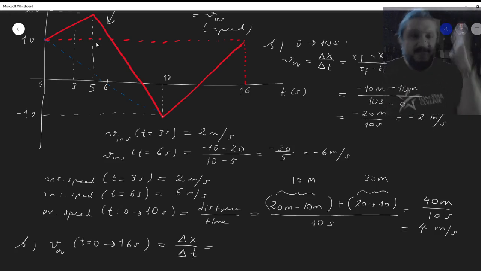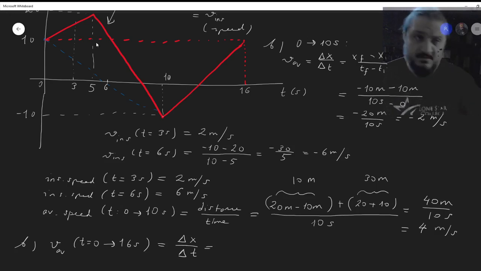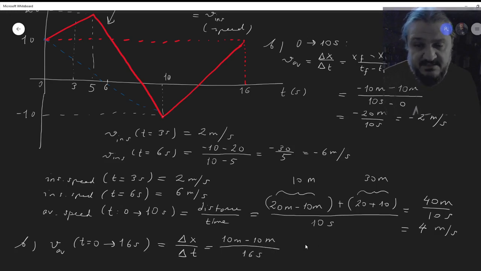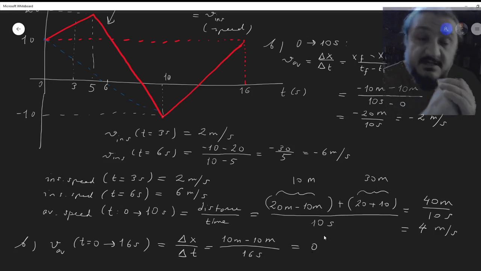Now it goes forward 10 meters, it moves in the opposite direction for 30 meters, and then 20 meters again from -10 to 10. It ends up where it starts. So the displacement is 0. x final is 10 meters, x initial is also 10 meters. You divide this by 16 seconds and you get 0. The average velocity is 0.